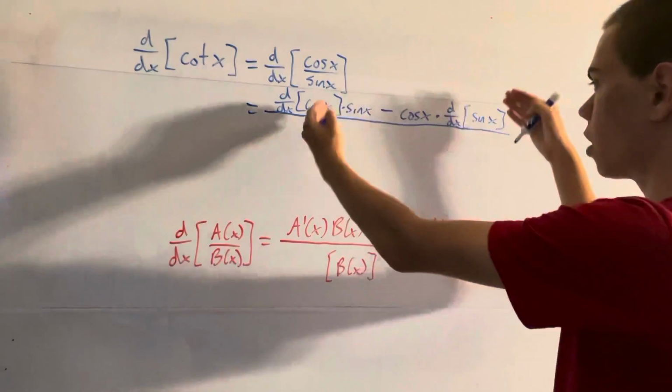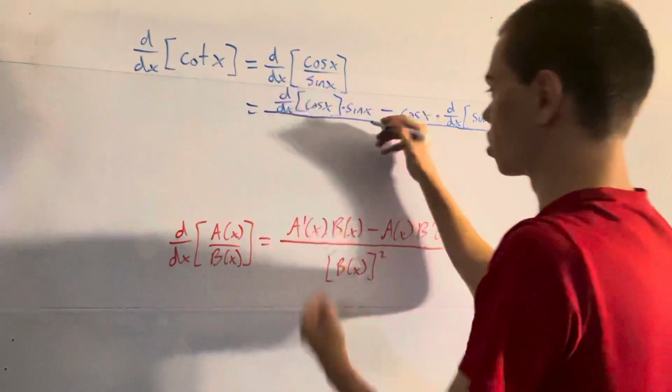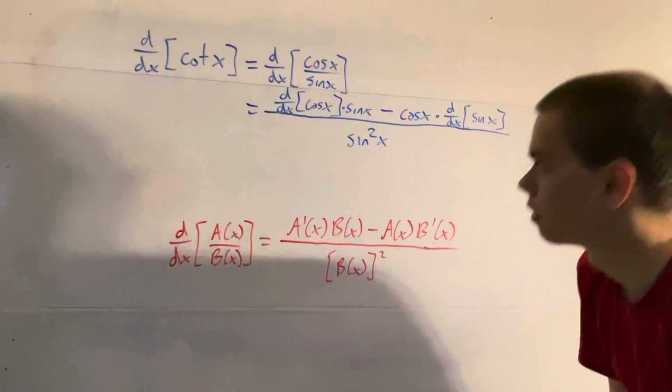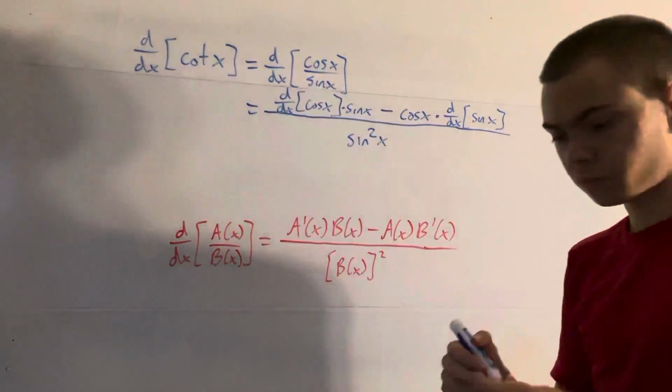And so that right there would be the top part. And then this is just divided by sine of x squared, or we could just say it's sine squared of x, right?